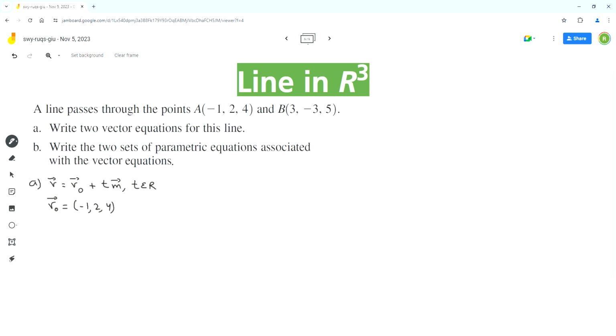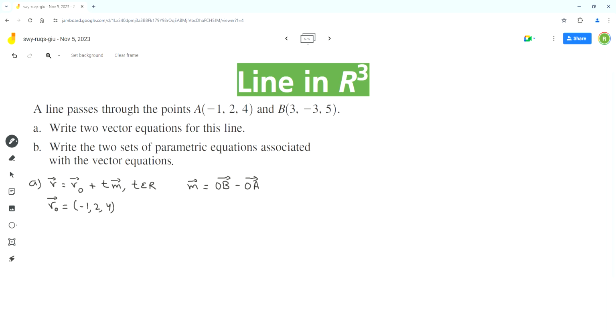We also have to find the direction vector of the line. We can use the position vectors of the given points to find the direction vector. For the first equation, we will do OB minus OA.